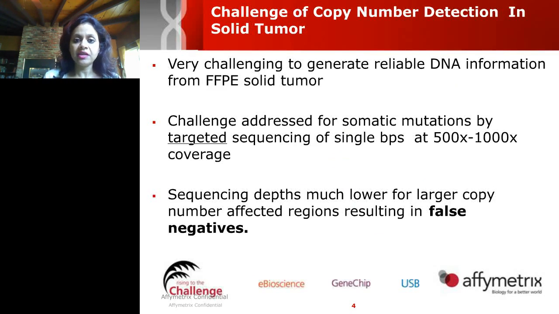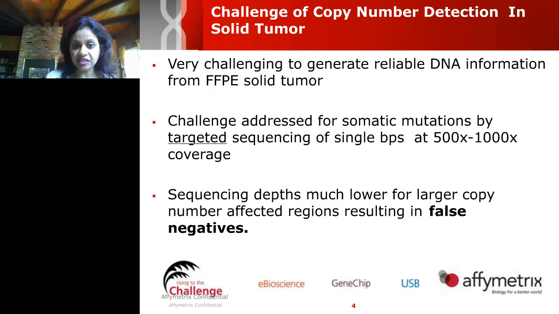So now it's pretty well understood that especially for the C-class tumors, it's important to detect copy number. But the detection of copy number can be pretty challenging in solid tumor samples. As we all know, it's well established that it's very challenging to generate reliable DNA information from FFPE solid tumors.